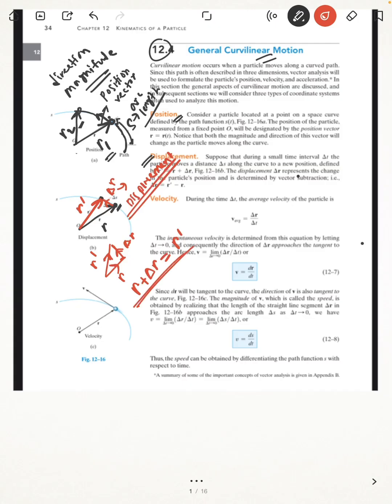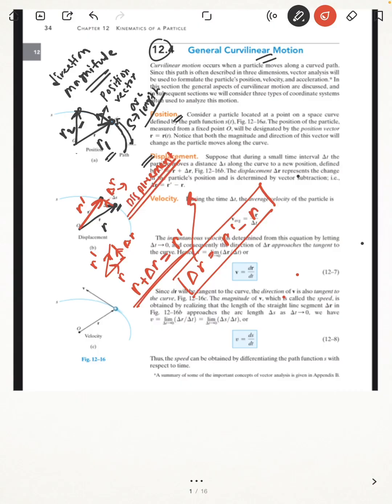Clear? From here, del R is R prime minus R, which is basically the change in the position vector, which is the displacement.